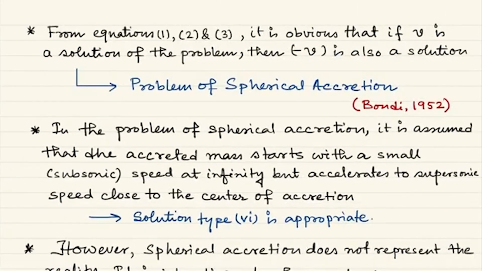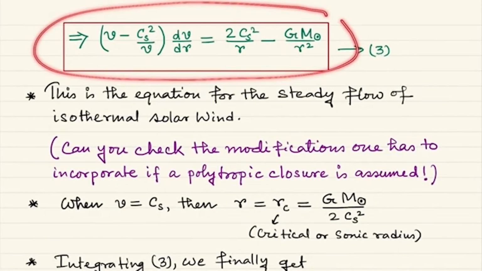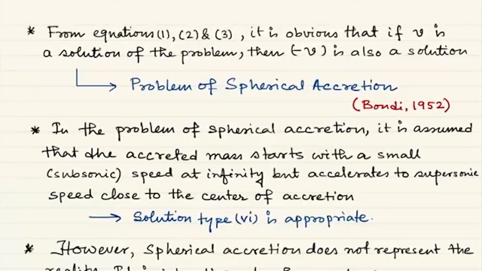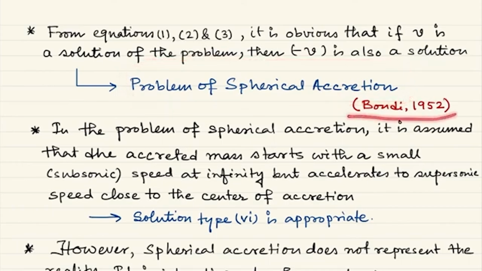So that means that if this equation is the equation for some plasma which is flowing outward, that can also be the equation of a problem where some plasma or some material is coming spherically inward, and this is nothing but the popular problem of spherical accretion, which was addressed by Bondi in the year 1952.